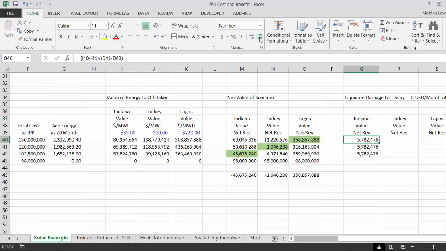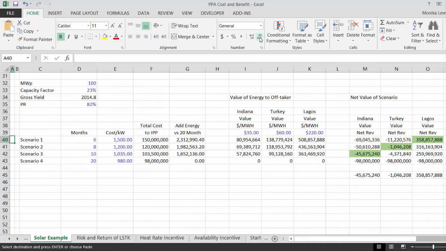And then, of course, this one, we should have kept the dollar sign here, shouldn't we have? Oh, come on. Can't go up, of course. So we can copy this to the next one and the next one, and we get a higher liquidated damage.